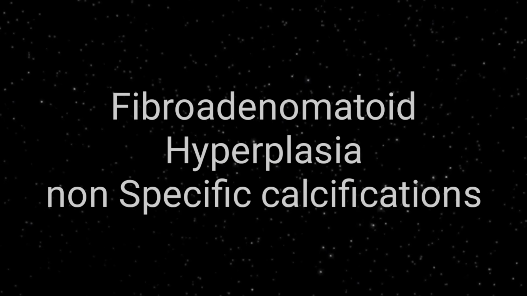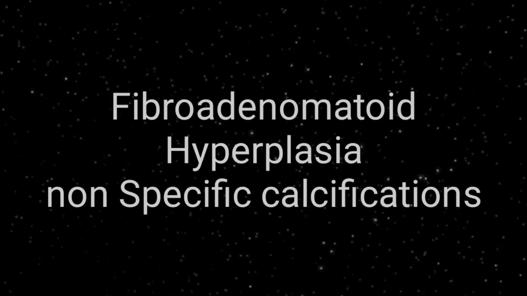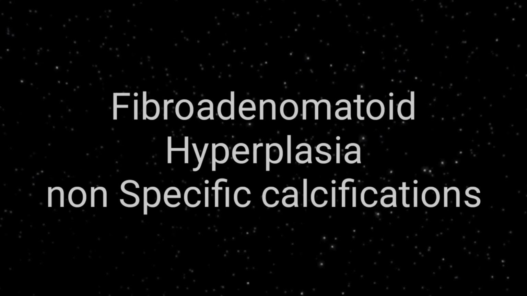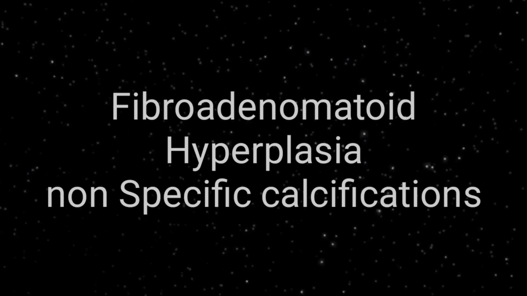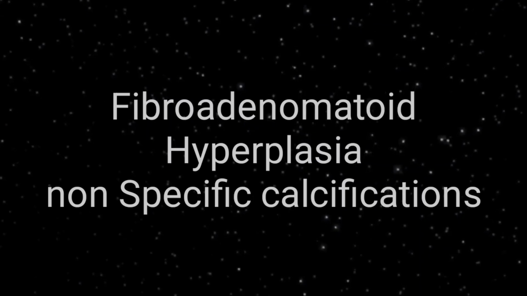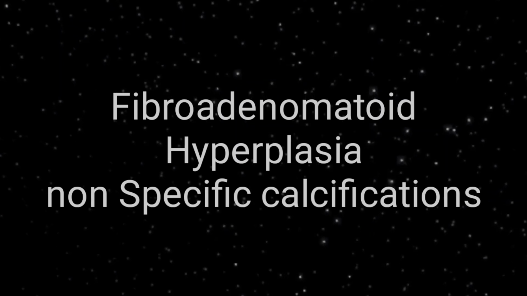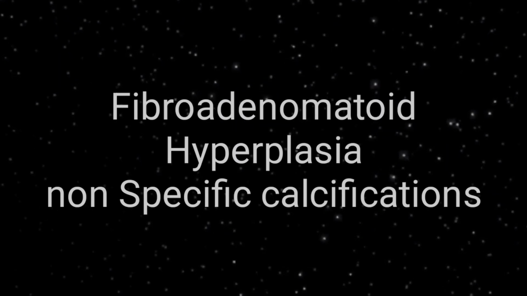There is no specific appearance for the microcalcification which confirms that this is fibroadenomatoid hyperplasia, as in fibroadenoma you have a popcorn, in fat necrosis you will have an eggshell calcification, and in ductal ectasia you will have a broken needle calcification. So all these calcifications have their own particular conditions. As far as fibroadenomatoid hyperplasia is concerned, there would be calcification, but these calcifications would be of non-specific nature.